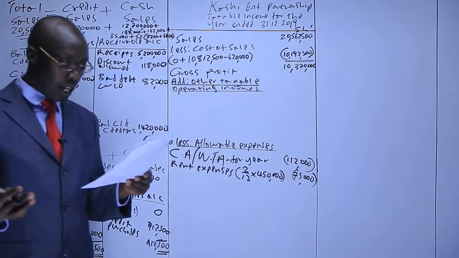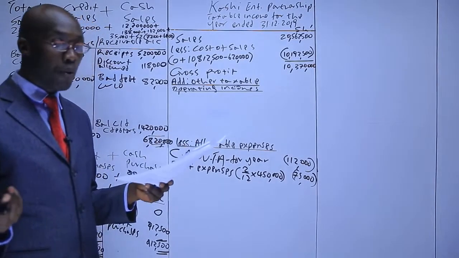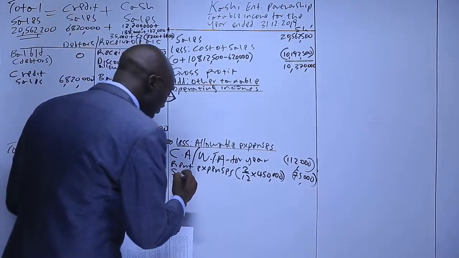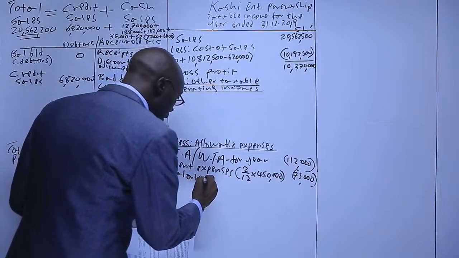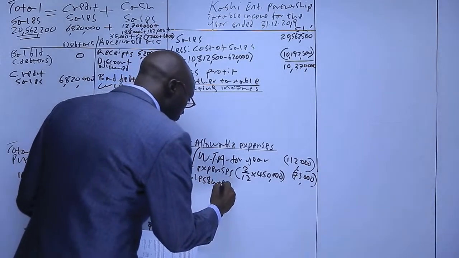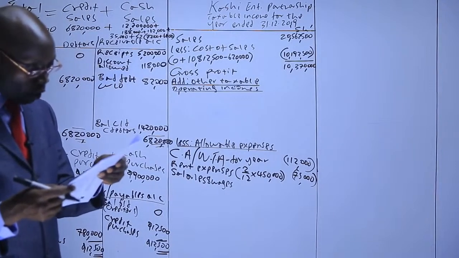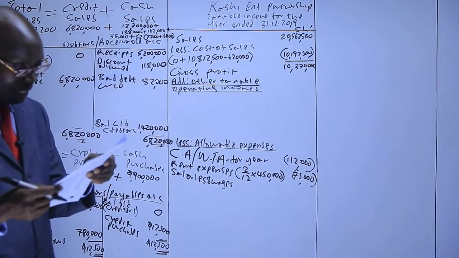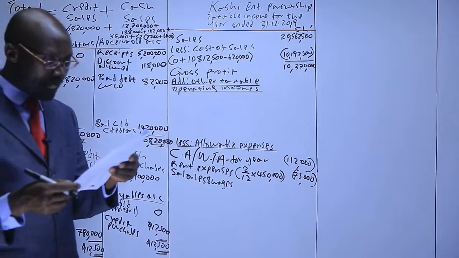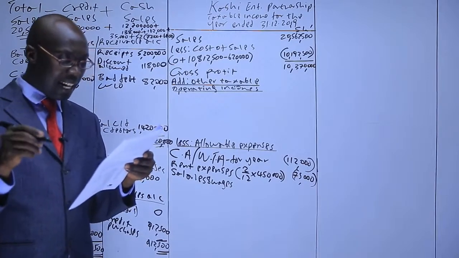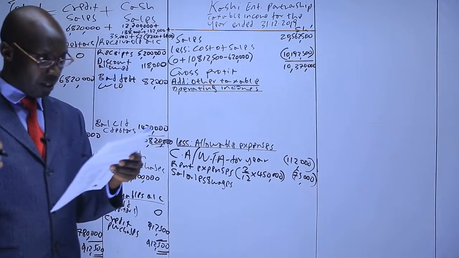Then we go back. After the rent for the godown, salaries and wages. That is allowable. But we have to check whether it is mentioned somewhere else. Yes, it had been mentioned in additional information number 7. The salaries and wages include the salaries paid to the partners.